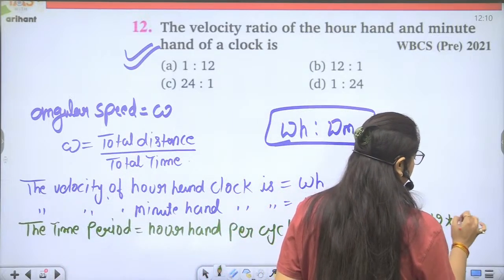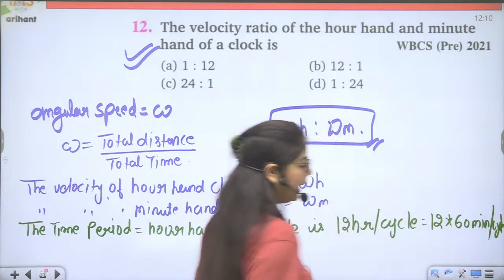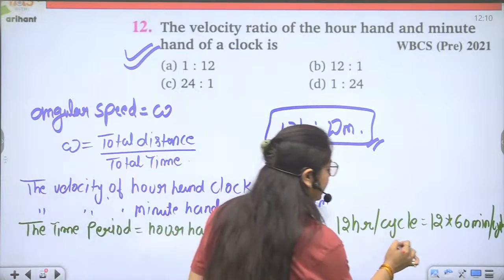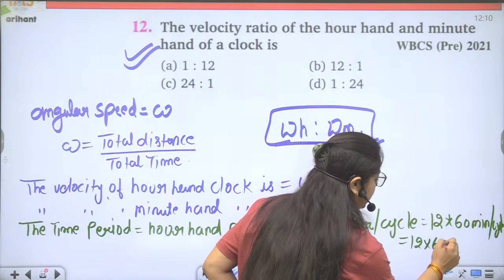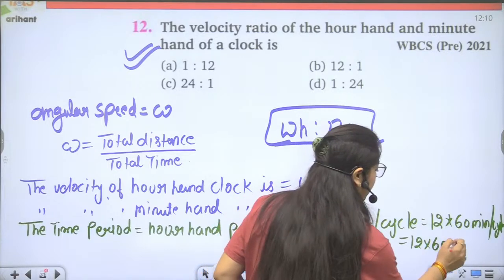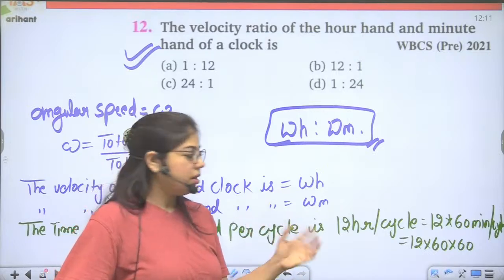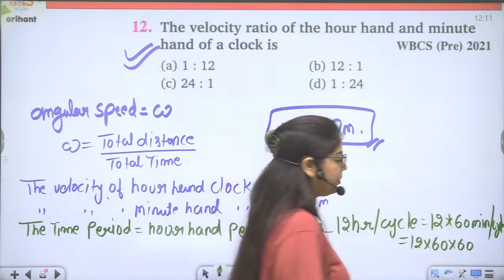That is 12 into 60 minutes into 60 seconds per cycle.